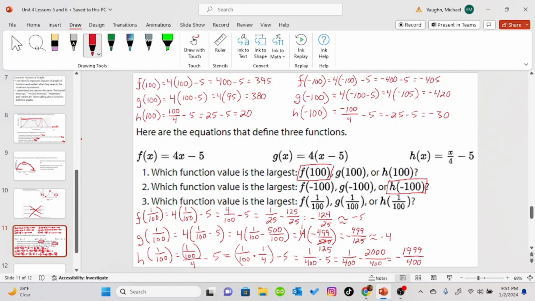And negative 1,999 divided by 400 is approximately negative 5. So the largest value is clearly f. And that is how we would find the answers to this problem.